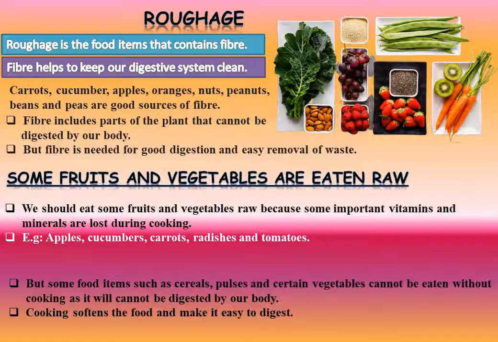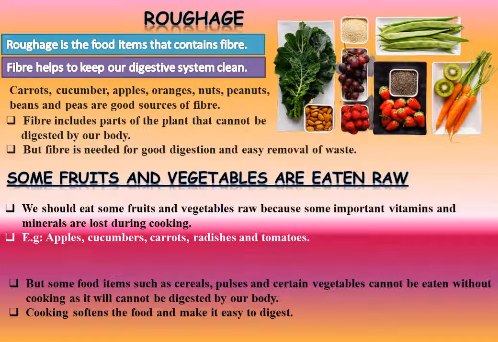It's better to eat these food items raw. The reason is some food items will lose their important vitamins and minerals if we cook. Thus, to get all the vitamins correctly, it's advised to eat them raw.